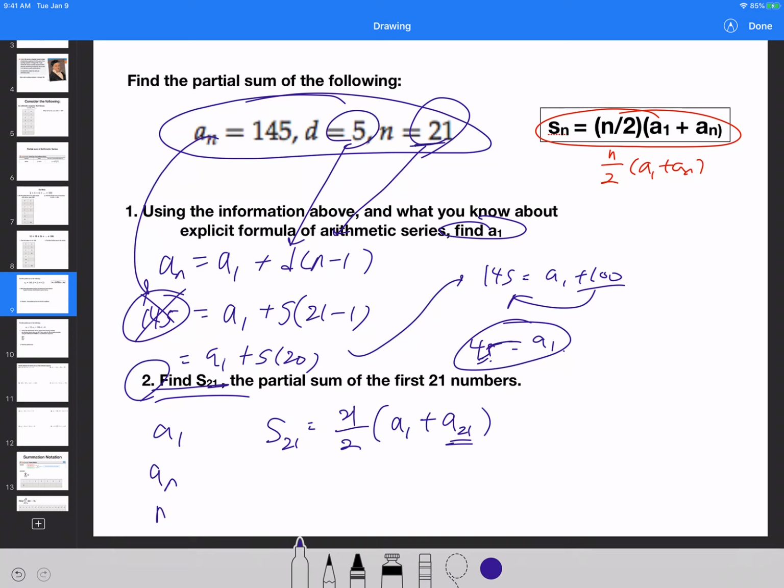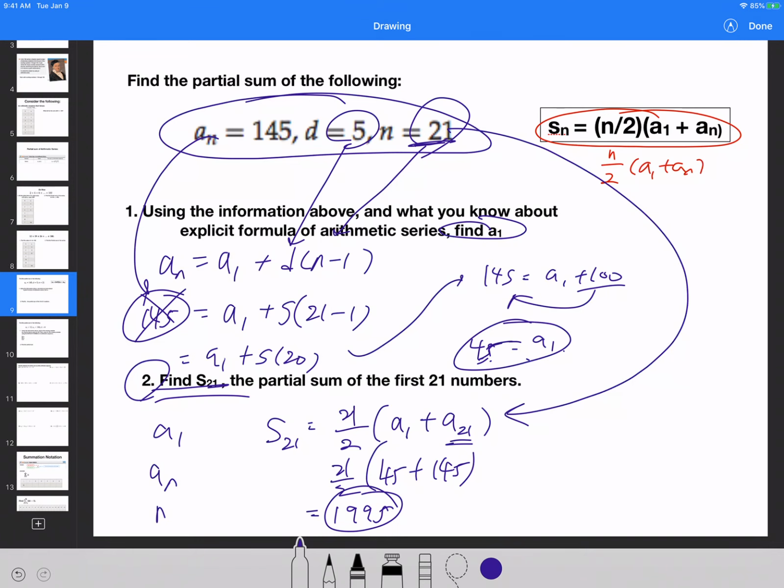Or actually, wait a minute, because the n value is 21, yes, you can use that. So 145 is your last term. The first term is 45, which we already have. So you're just going to simply plug it in. 45 plus 145, which gives you 190, times 21, divided by 2, should finally end up being 1995 for your partial sum of the first 21 numbers.